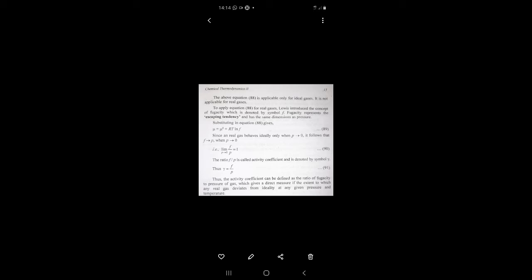The ratio of f upon P is called the activity coefficient, which is denoted by gamma. What is the activity coefficient?